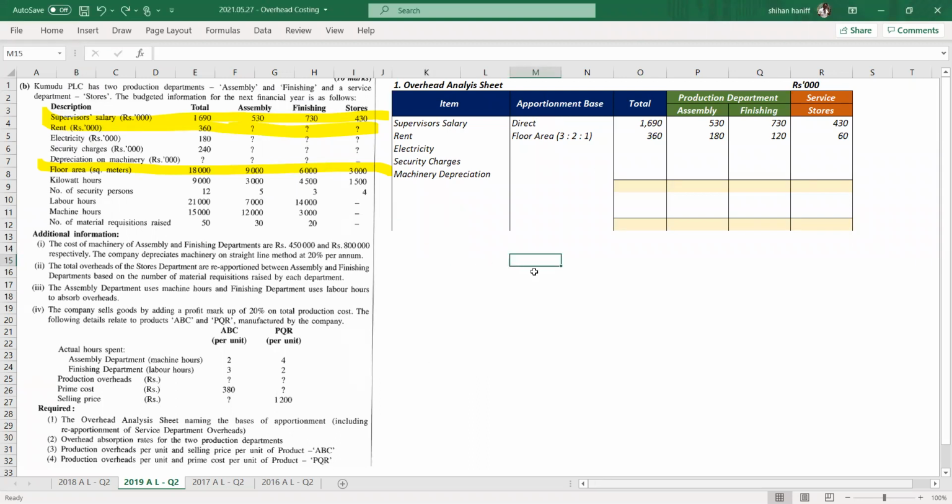There is a question about the floor area ratio. It is 9,000, 6,000, and 3,000. So if you divide this, 9 is to 6 is to 3.